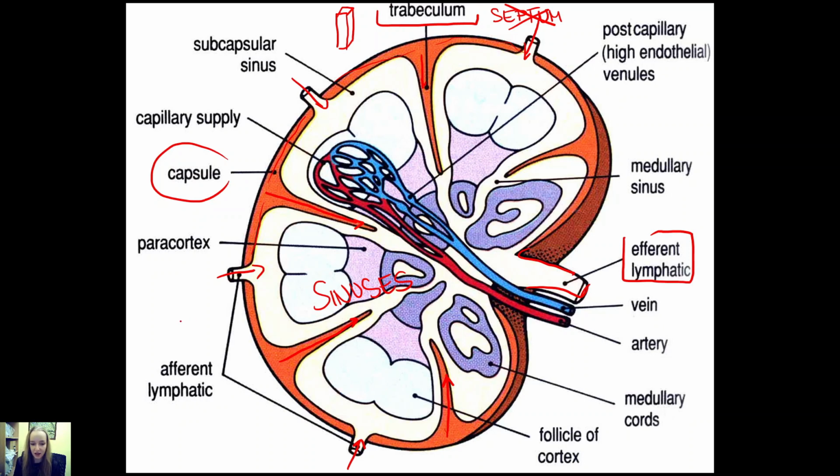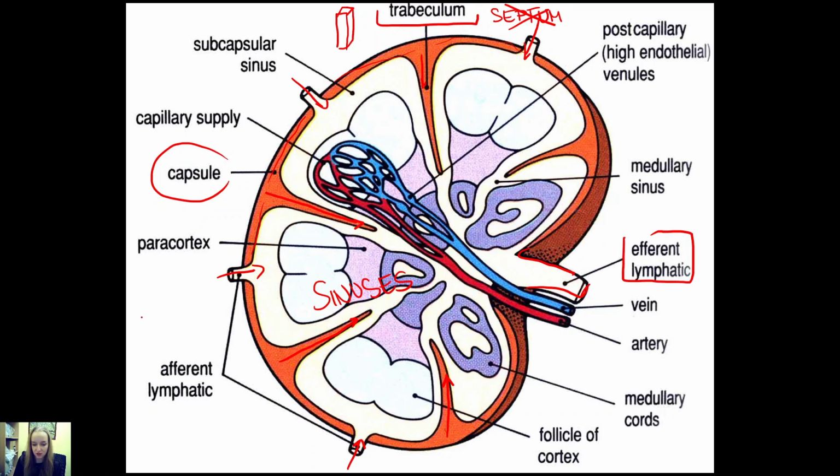So once again, afferent lymphatics, many of them going through the capsule to the lymph node, to the sinuses over here, and then going outside via an efferent lymphatic vessel over here.